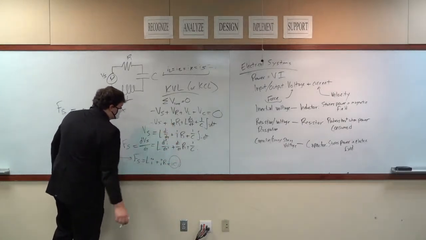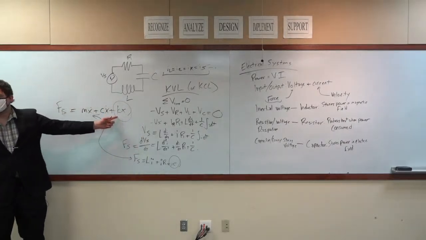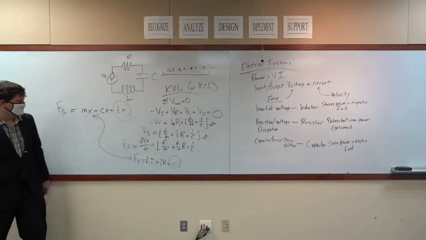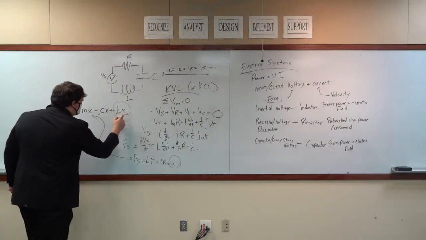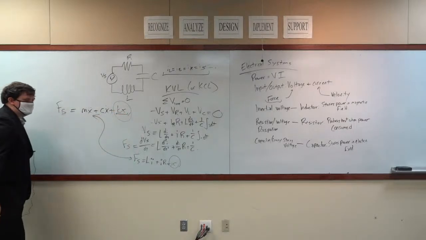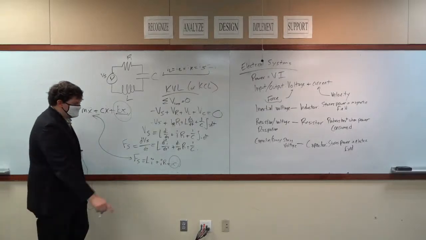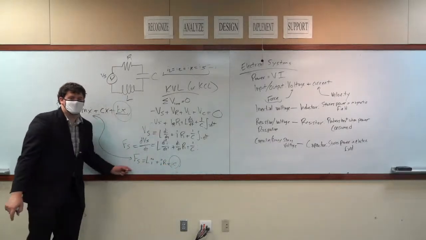Here, your capacitive force has the same form as the capacitive or energy storage formula here. There is no derivative here. This is a direct relationship between X and F. Similarly, this is a direct relationship between the current and F.